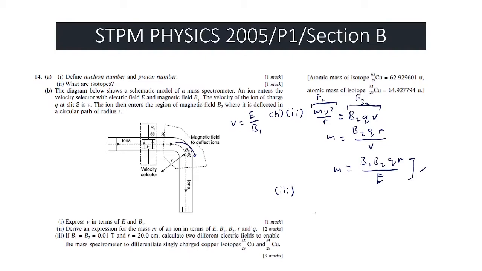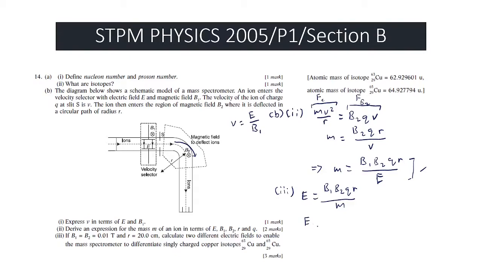So in this case, we use this formula. We get E is equal to B1B2QR per M.